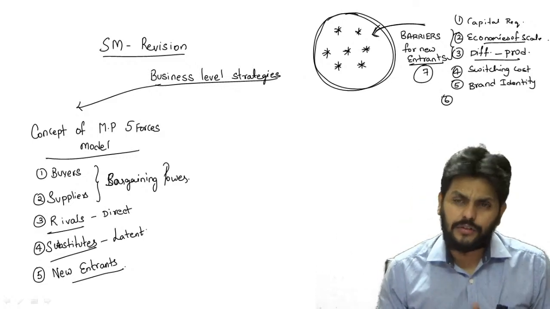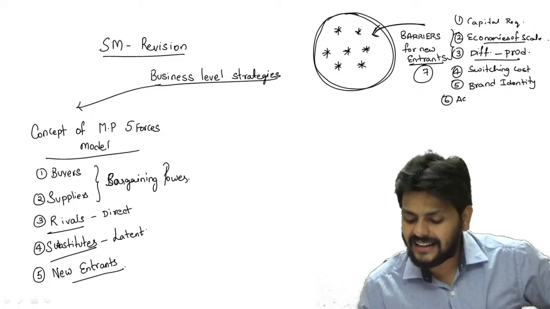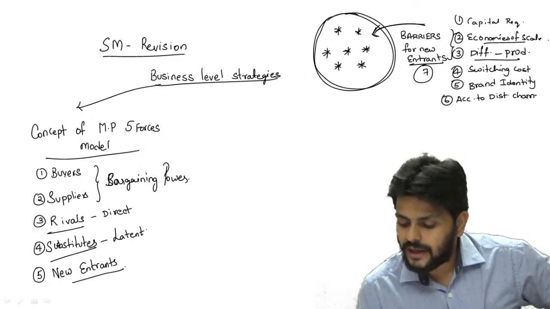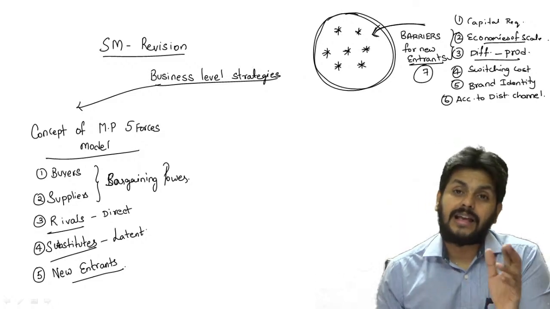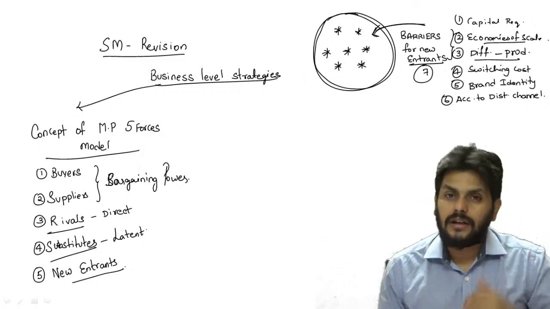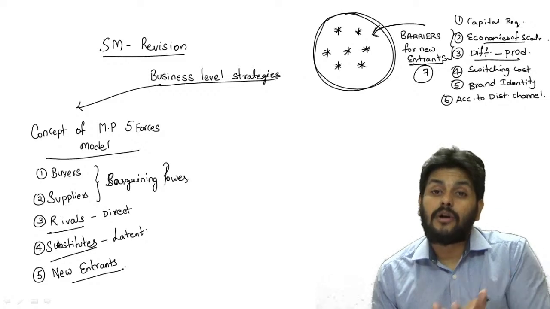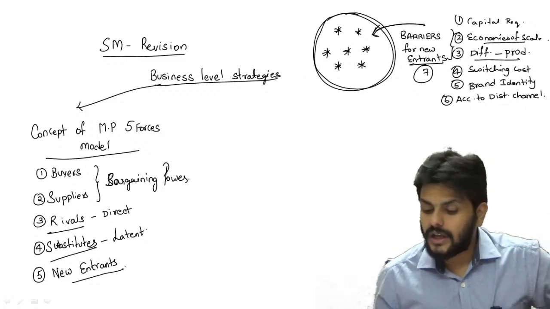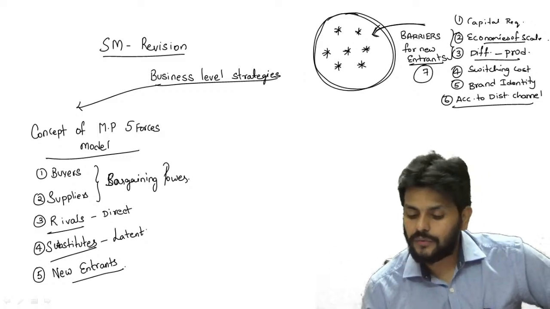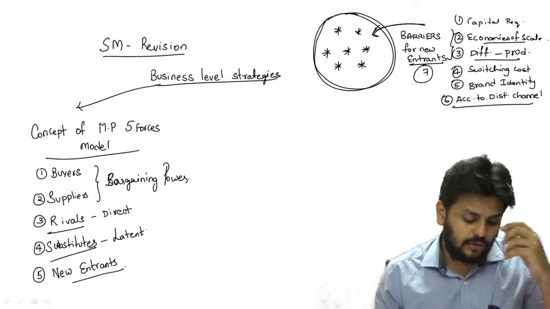Then barrier number 6, this is called access to distribution channels. Now I hope you know what a distribution channel is. A distribution channel is something which acts as a pathway to make sure that our product reaches our customers. So we need to have access to a particular distribution channel.